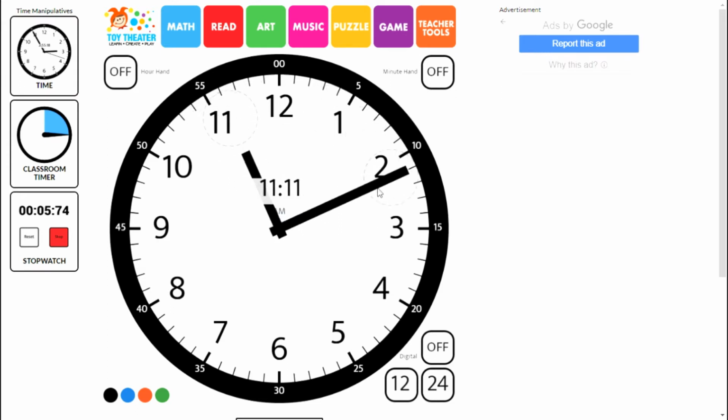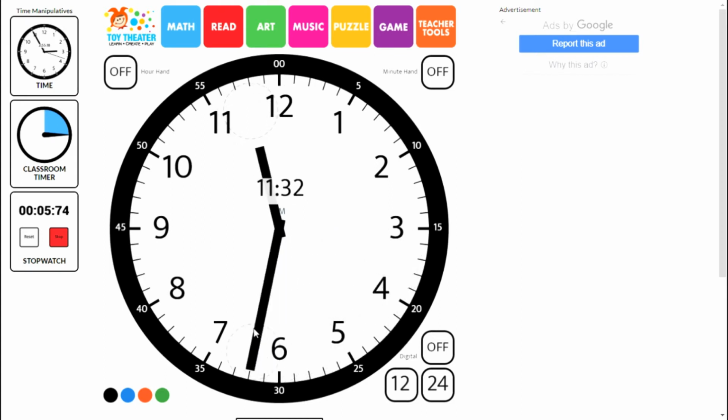The minute will move 20, 25, 30, 35, 40, until it's 11:59. If you see this 11:59, you can see that it is still AM because just now it is 10:50 AM.